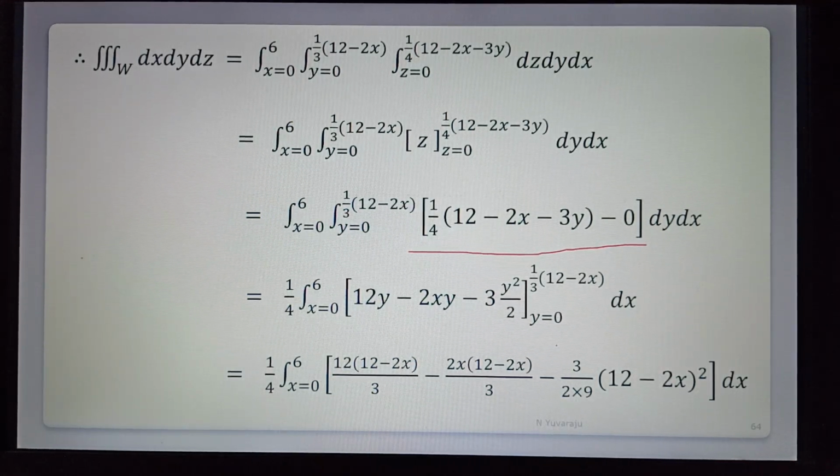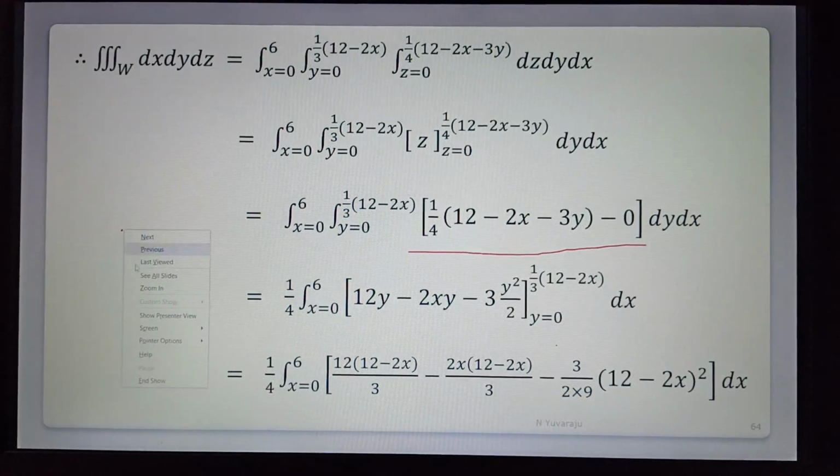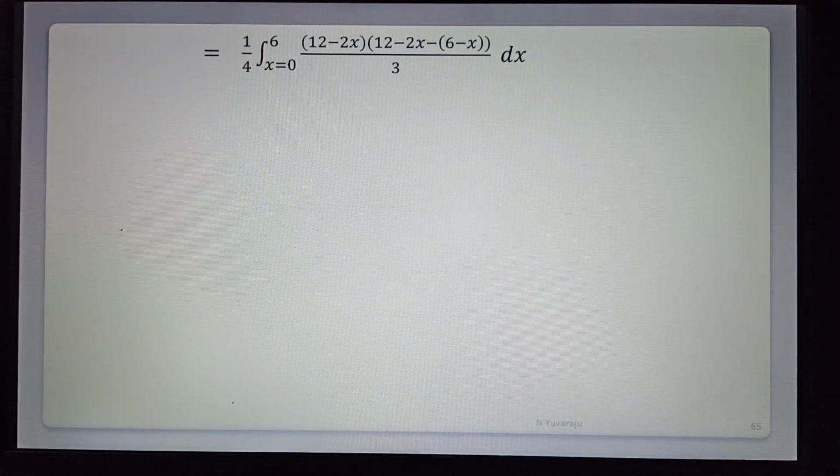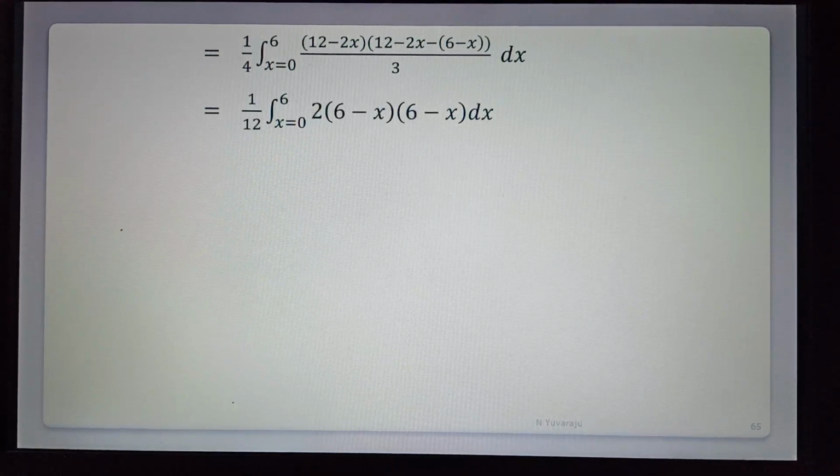After simplification, then integrate with respect to x. That is 1 by 4 into integration x from 0 to 6, 12 minus 2x is common, so remaining 12 minus 2x minus 6 minus x by 3, that is 1 by 12 integration x from 0 to 6.